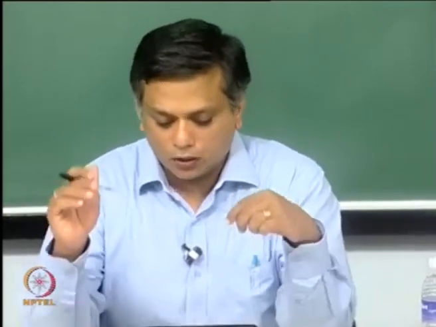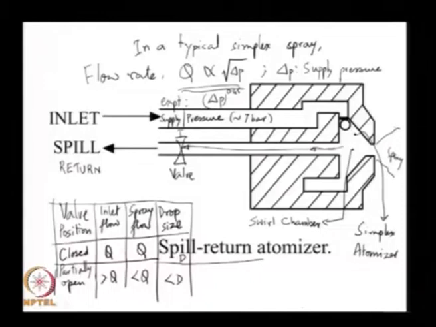Now, like I said, a factor of 10 ratio between the highest and the lowest flow rate is quite possible, not difficult at all. Now, nothing in life comes for free, there is an overhead.